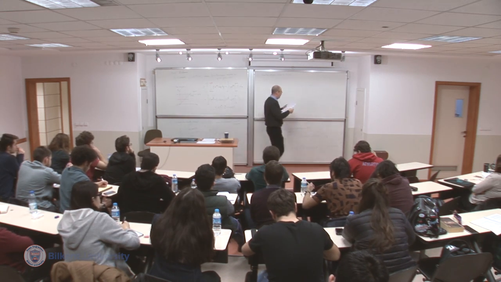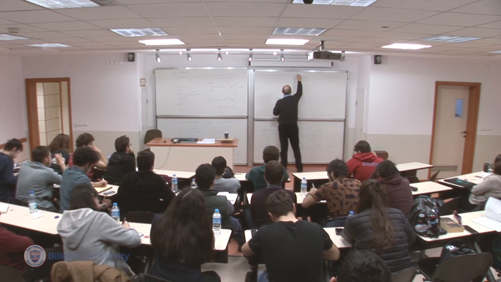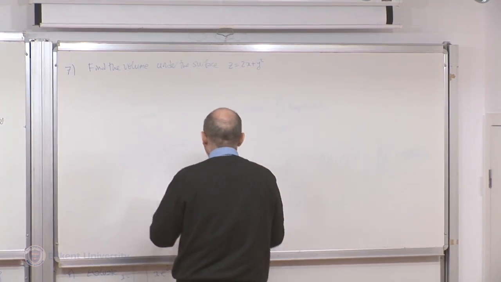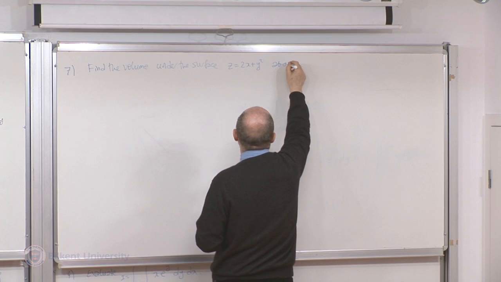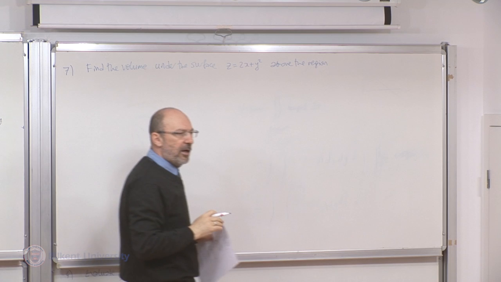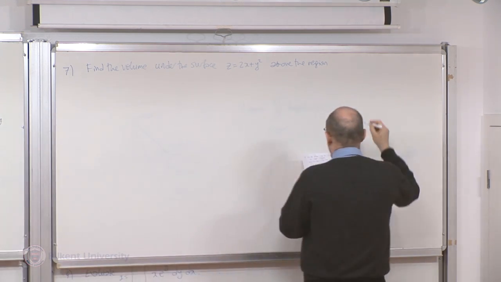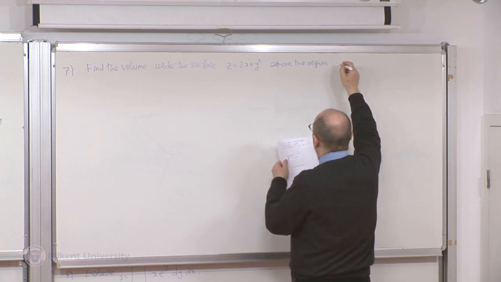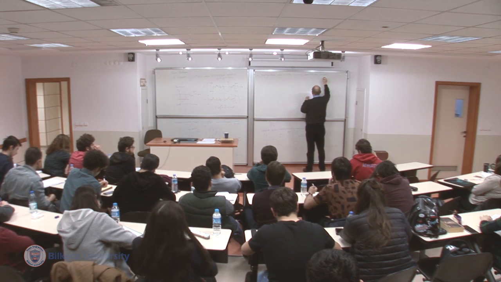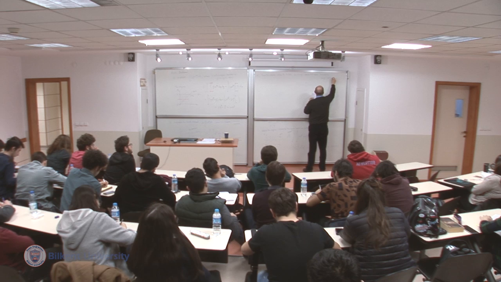Under the surface, z equals 2x plus y square, above the region. Okay, it is understood that above the region in the xy plane, bounded by x equals y squared and x equals y cubed.